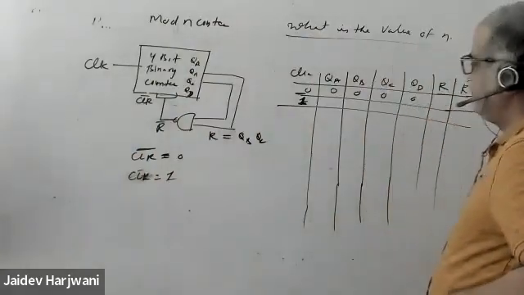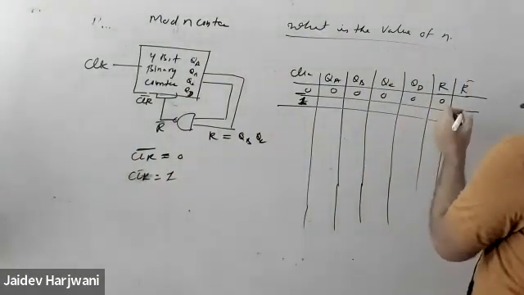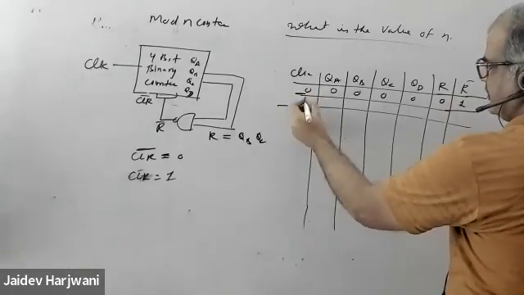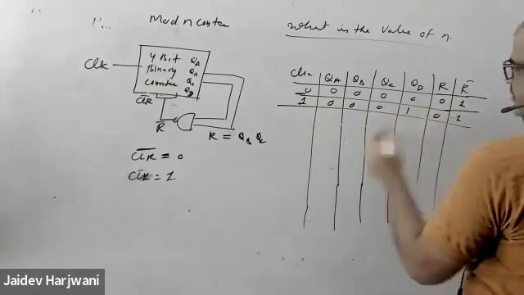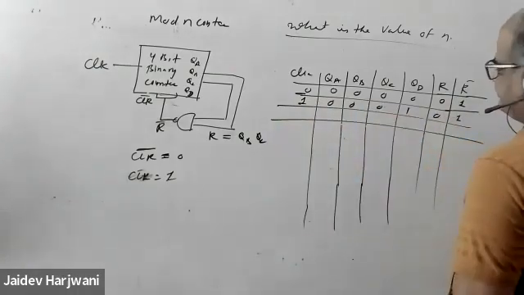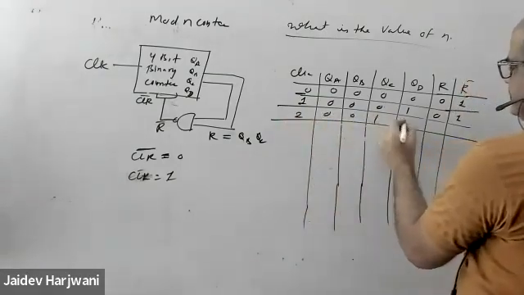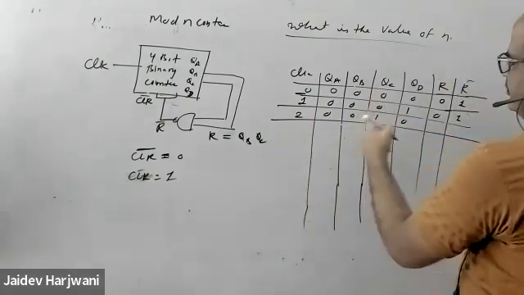Say I write 0 0 0 0. For this R is 0, R bar is 1, so it will not reset. Then 0 0 0 1, still R is 0 and R bar is 1. Second, 0 0 1 0, I want QB QC, which should become 1.